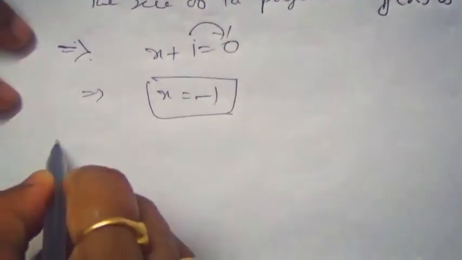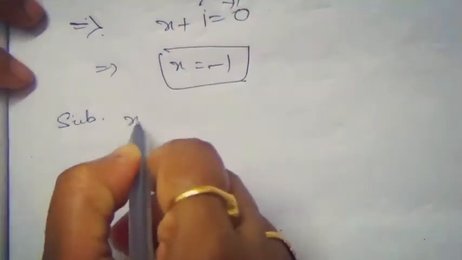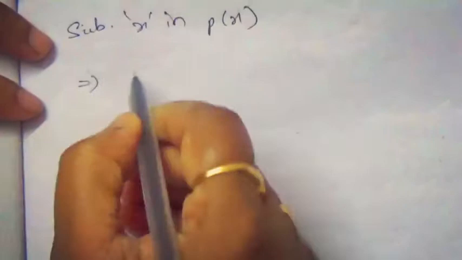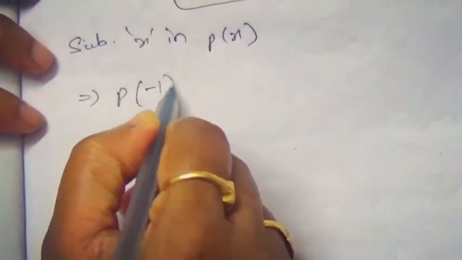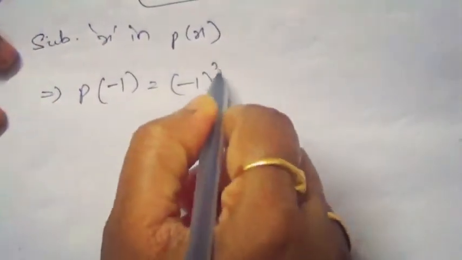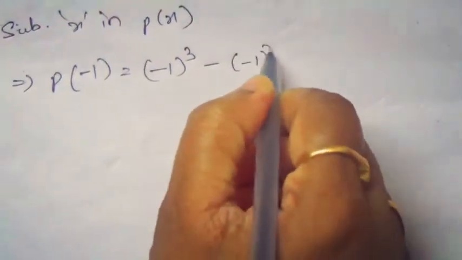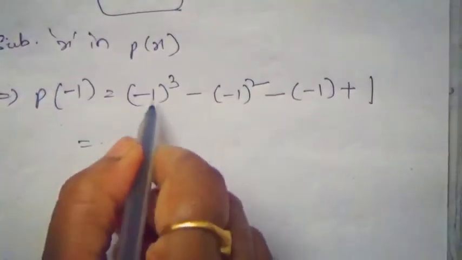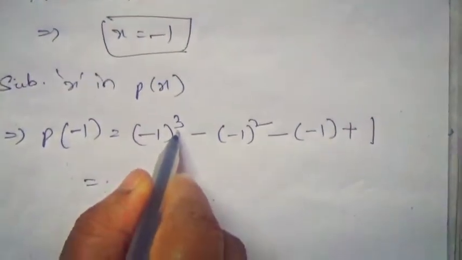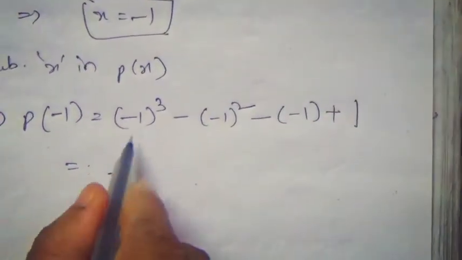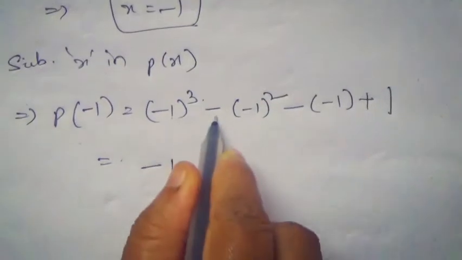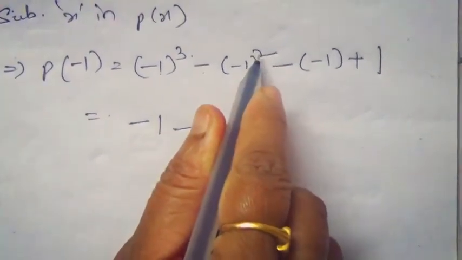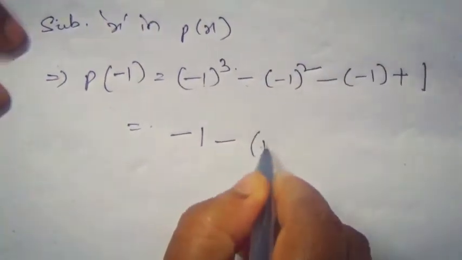So substitute minus 1 for x in p of x. That implies p of minus 1 is equal to minus 1 whole cube minus of minus 1 whole square minus of minus 1 plus 1. Here an odd number is in the power, so the negative sign remains, so minus 1. Here an even number is the power, so it becomes 1.